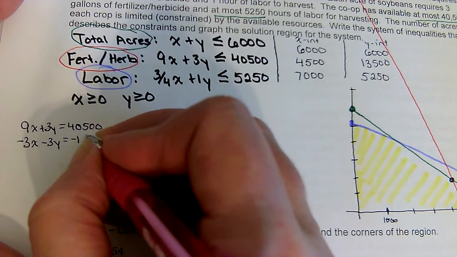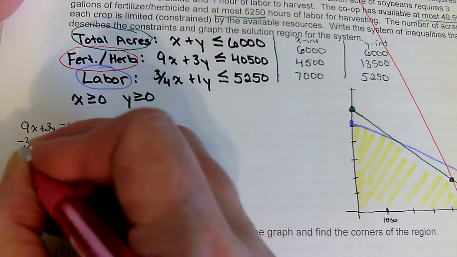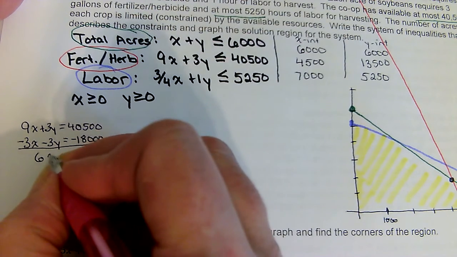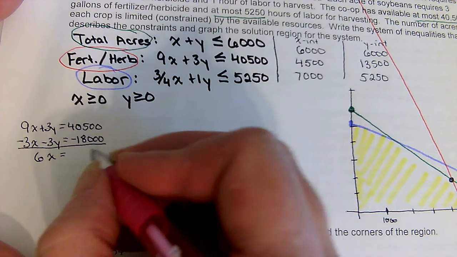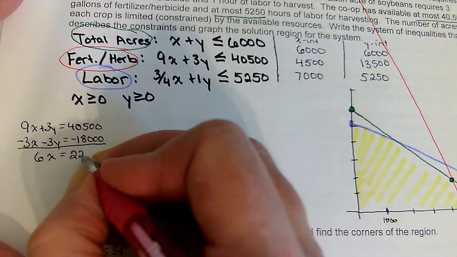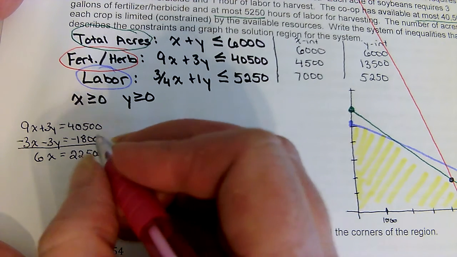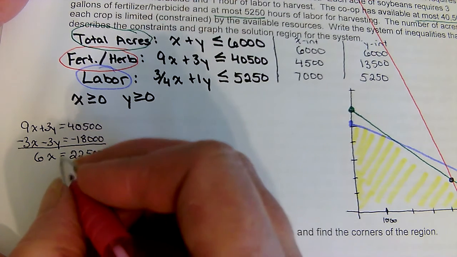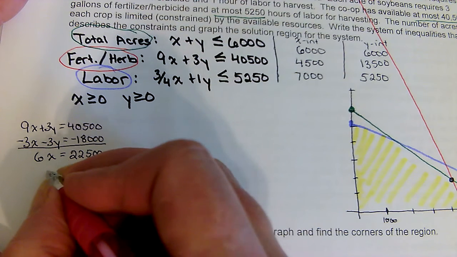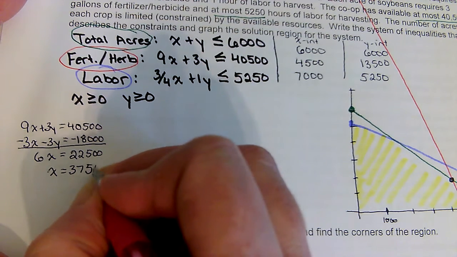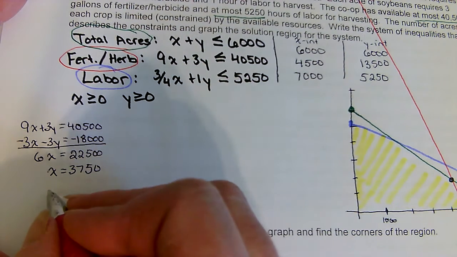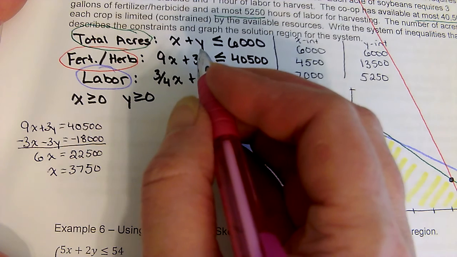And this would be a -18,000. So I end up with 6x equals 22,500. X equals 3,750. And if I plug that back in, it's easiest in here.